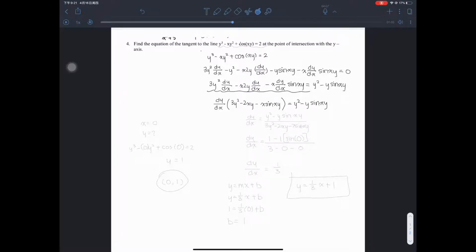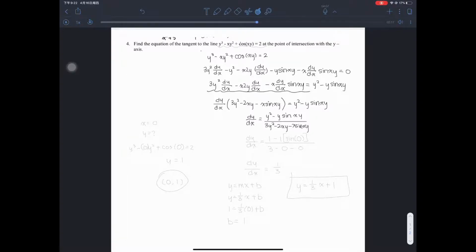So now our slope dy/dx equals y squared minus y sine xy divided by 3y squared minus 2xy minus x sine xy.